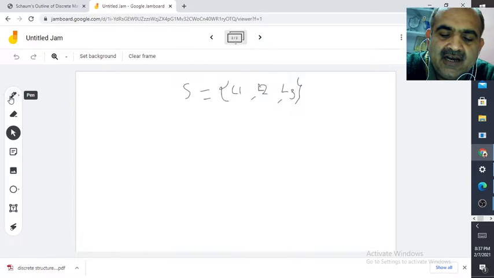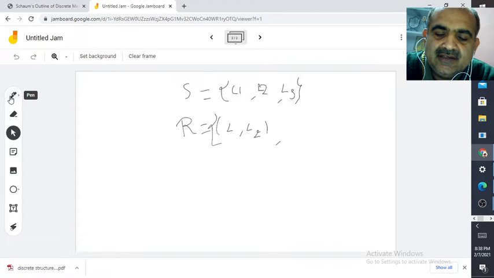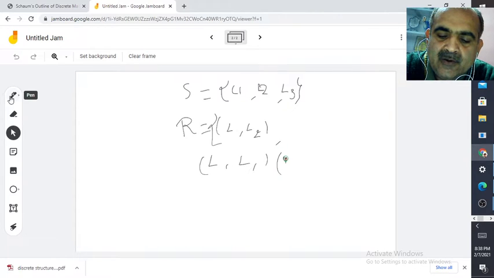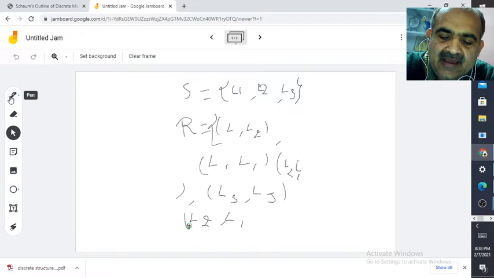Now there is one relation R. In that relation, the ordered pairs are (L1, L1), meaning line 1 is parallel to line 1, (L2, L2), (L3, L3), and (L2, L1), (L1, L3). These are the ordered pairs in that relation.